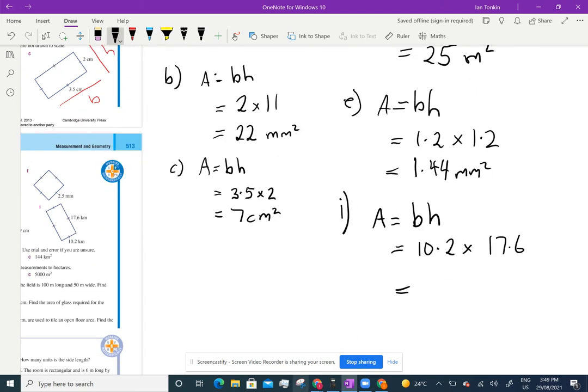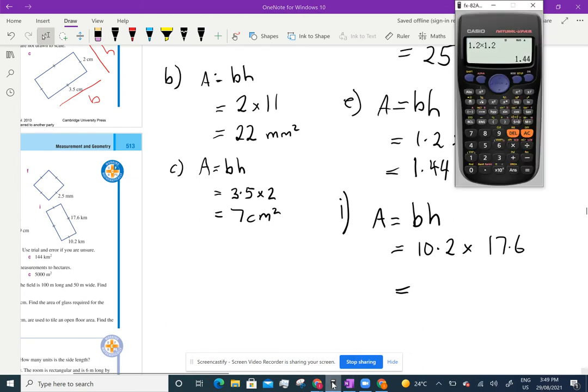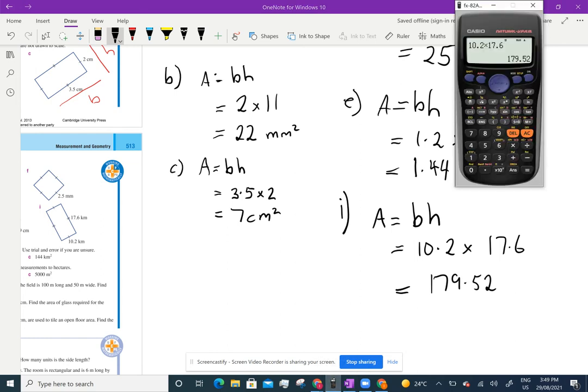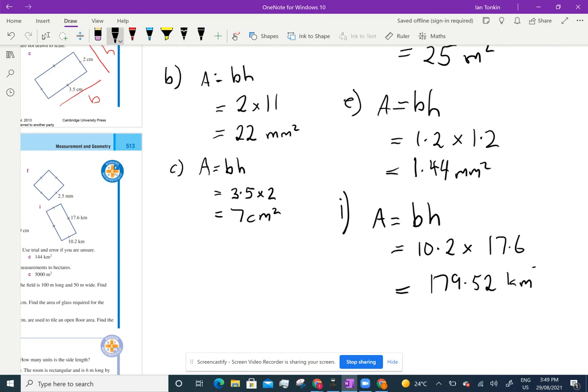I'm going to use my calculator again. 10.2 times 17.6, 179.52. Was it 0.52? Yep. And these units were in kilometres. Whoops, I wrote cubed. Get that out of there. Kilometre squares. I want squares because I'm measuring in squares.